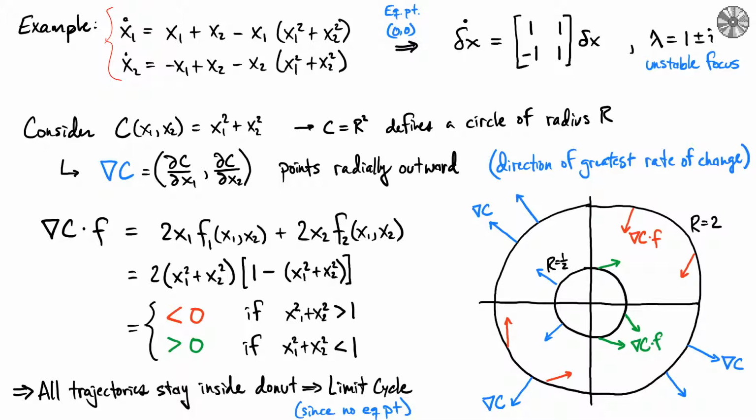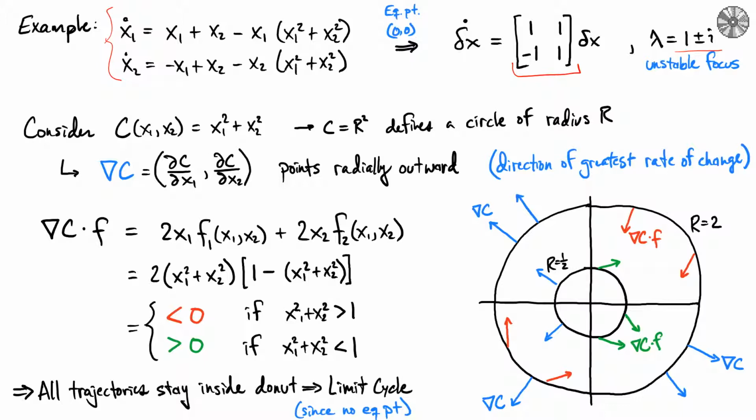And the Jacobian around that equilibrium point is given by this matrix A. And again, if we calculate the eigenvalues of this matrix, we get 1 plus or minus i, which makes it unstable because the real part is positive, and complex, which makes it a focus or a spiral.